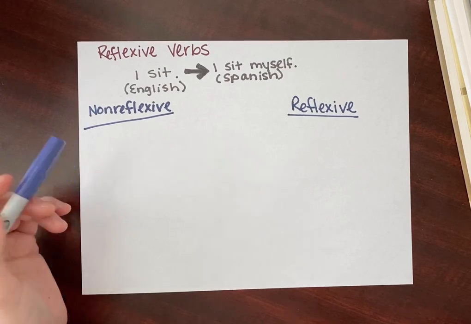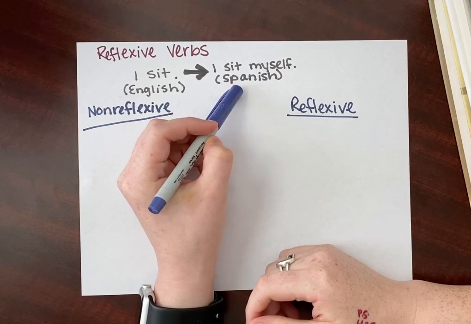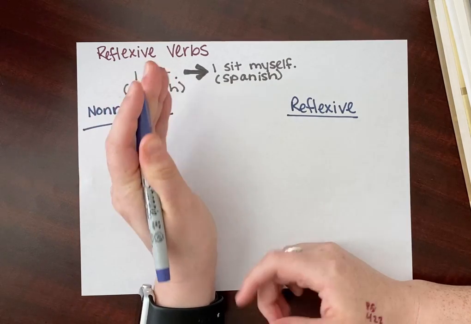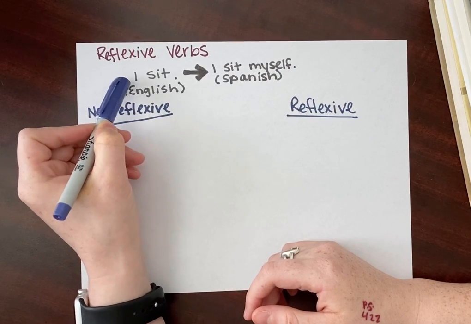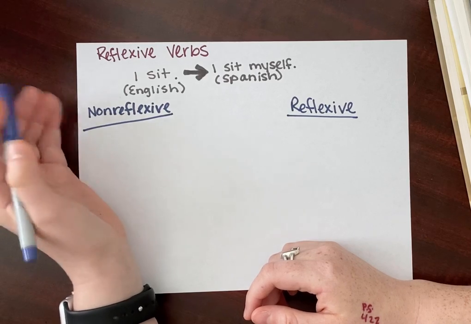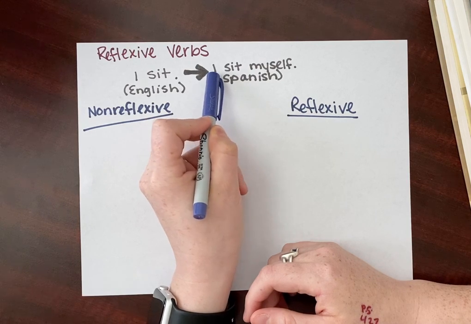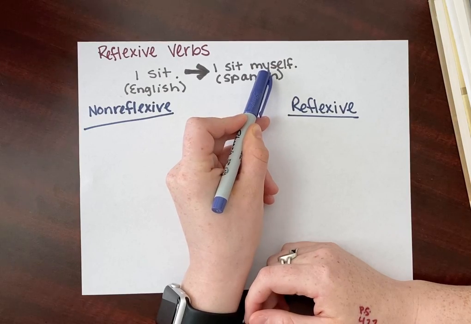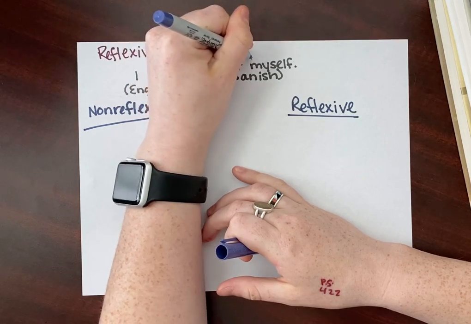And so if we look at this, "I sit myself," that in Spanish is a correct grammatical sentence. Whereas in English, all we would need to write is "I sit" in order for it to be grammatical and correct. And so as you can see with the Spanish, I, the subject, sit, the action, myself. So I and myself are the same.